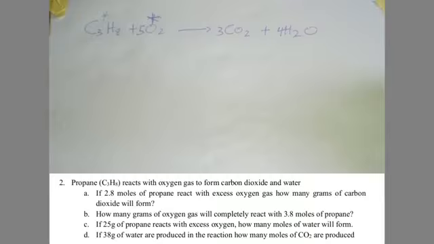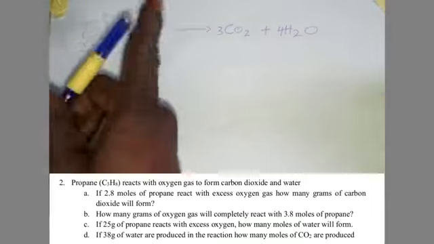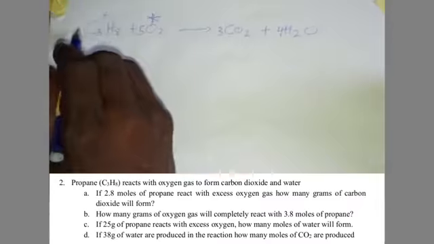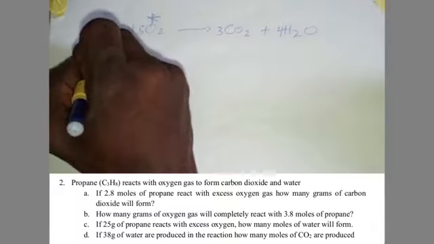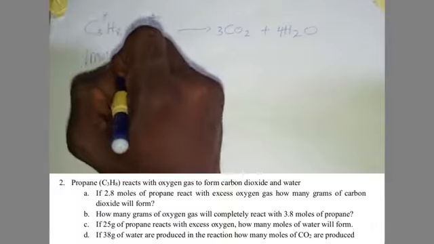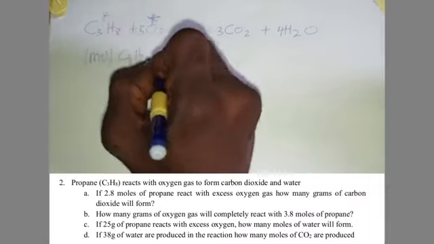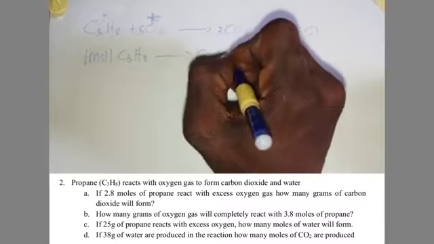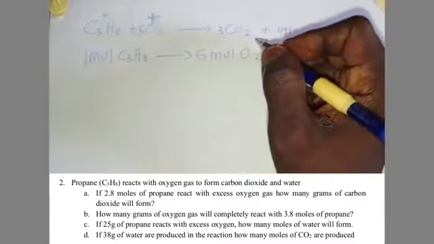Because the question says how many grams of oxygen gas will completely react with 3.8 moles of propane. From the balanced equation, we can see that the coefficient of propane is 1. So therefore, 1 mole of C3H8 always reacts with how many moles here? 5 moles of oxygen gas.